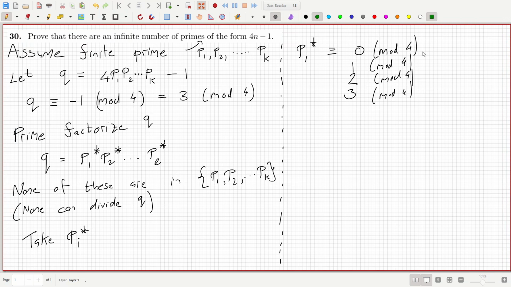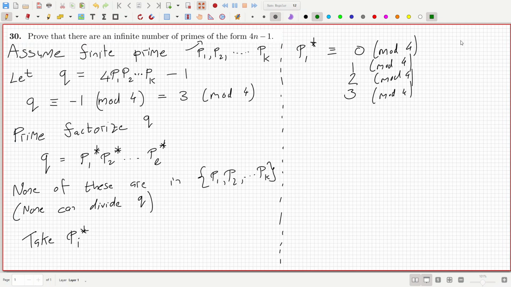Okay, so this one here is a problem because it would basically mean that we found a prime that we know is not in the list. This p here can't be one of these, but if it is equal to 0 mod 4, then it would have to be a multiple of 4.